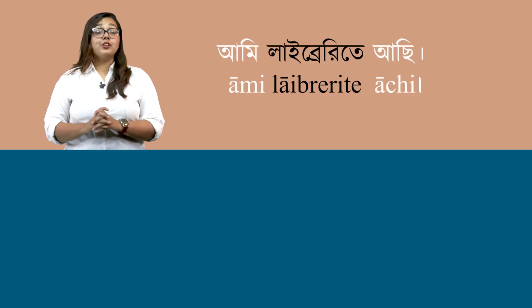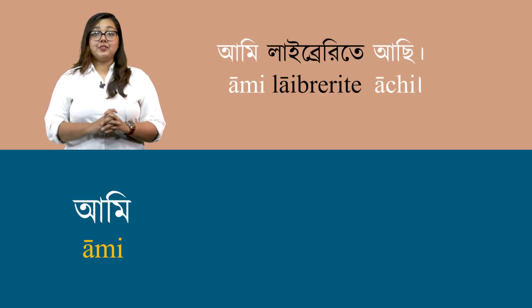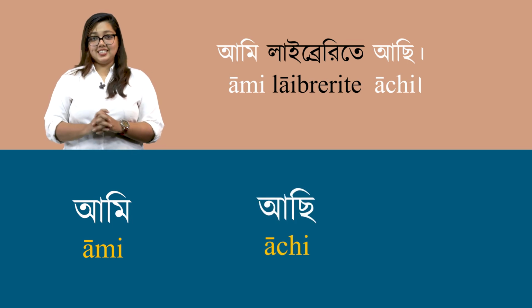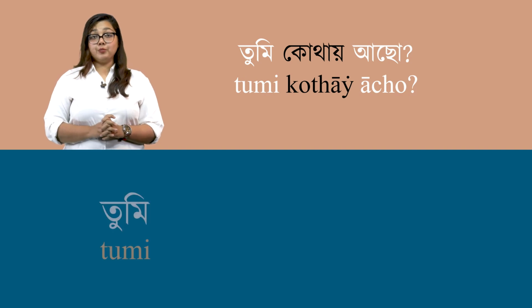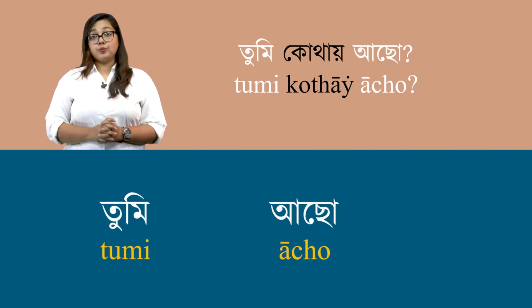So, with the first person ami, the verb form is achi. The i is affixed with the verb form if the first person pronoun is the subject of the sentence. But notice, with the second person tumi, it becomes acho. Note that in case of second person subject, o is affixed with the verb stem.